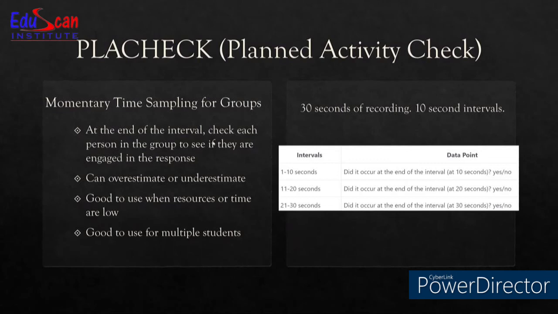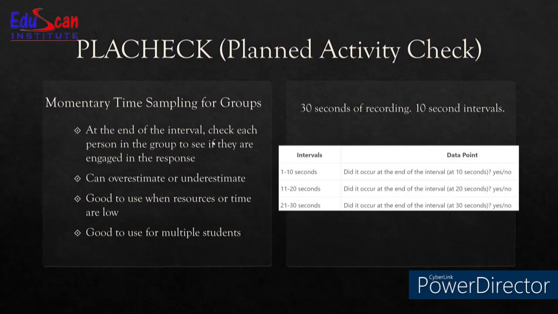So did it happen on the 10th, 20th, or the 30th second? If the answer is yes for all, then it goes as yes. Otherwise, it goes as no. So the only difference is that PLACHECK happens for groups. Otherwise, it's the same as momentary time sampling.